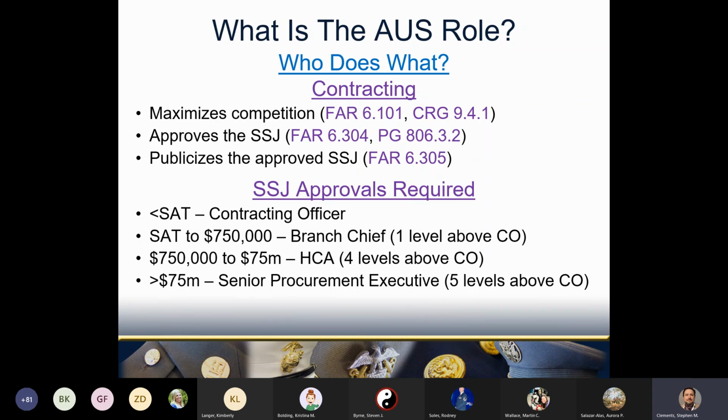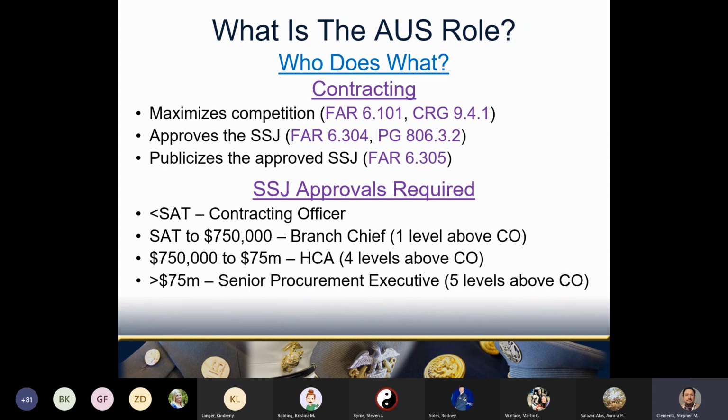Now, there's often going to be more than one CO involved when sole sources come up, not just the CO assigned to your individual contract, because the justification document sometimes goes up the CO's chain of command before it can receive final approval. The IGCE value determines who in contracting has the final say.